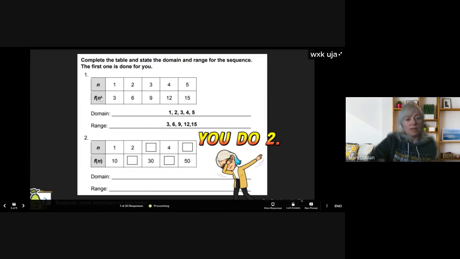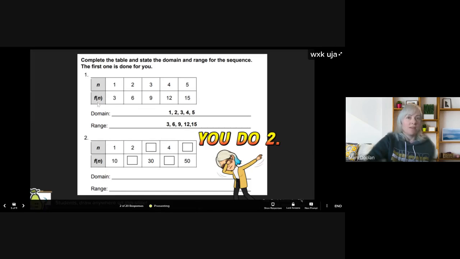This is like function notation, f of n. When we talk about function notation, we might have f of x, and then up here we would have x. Okay, so this is very similar to function notation. But we have n as our number and f of n. And the numbers for n, we're starting with 1, 2, 3, 4, 5.